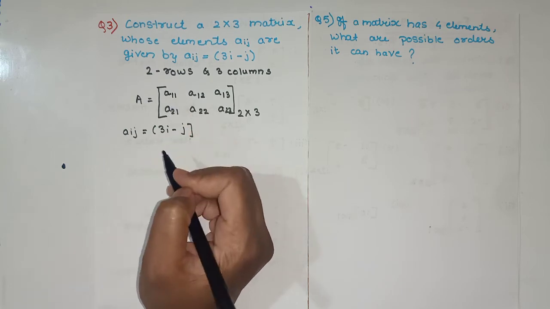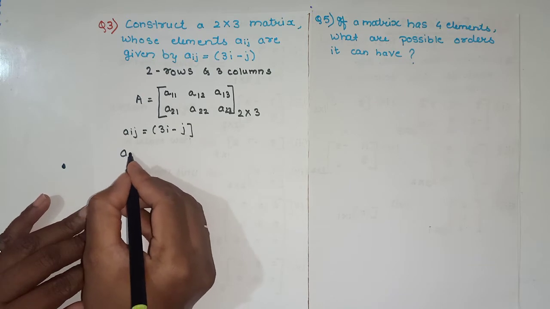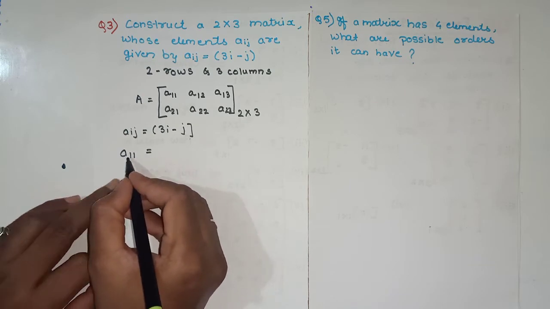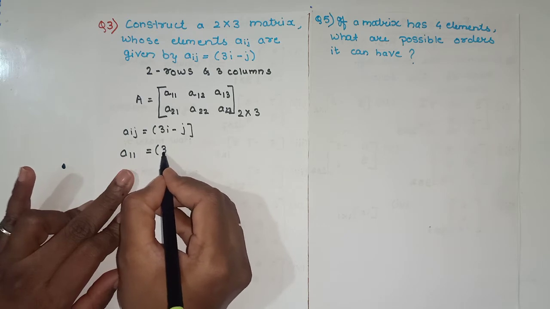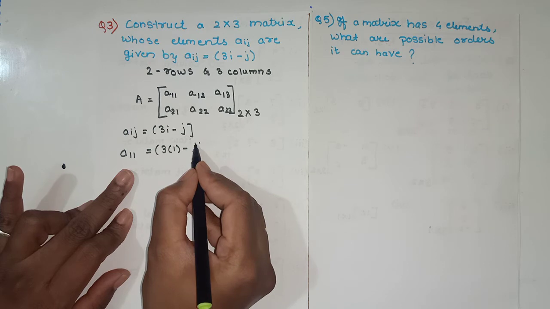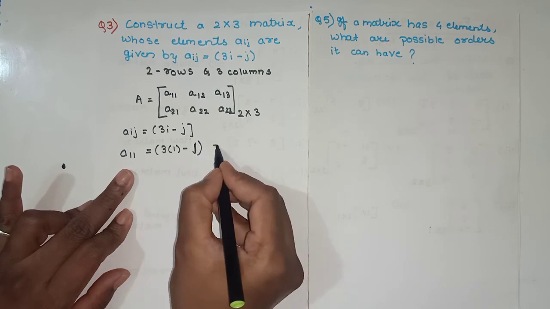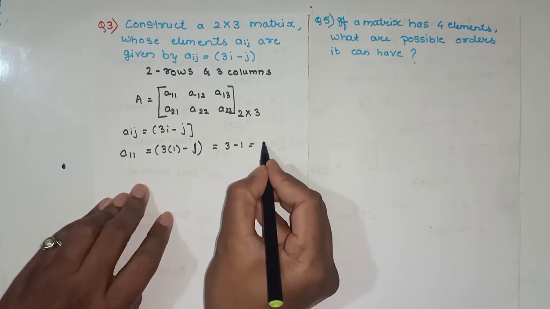So the first element will be A1,1, which means i equals 1 and j equals 1. So 3i means 3 into 1, minus j means 1. 3 ones are 3, minus 1 is 2.